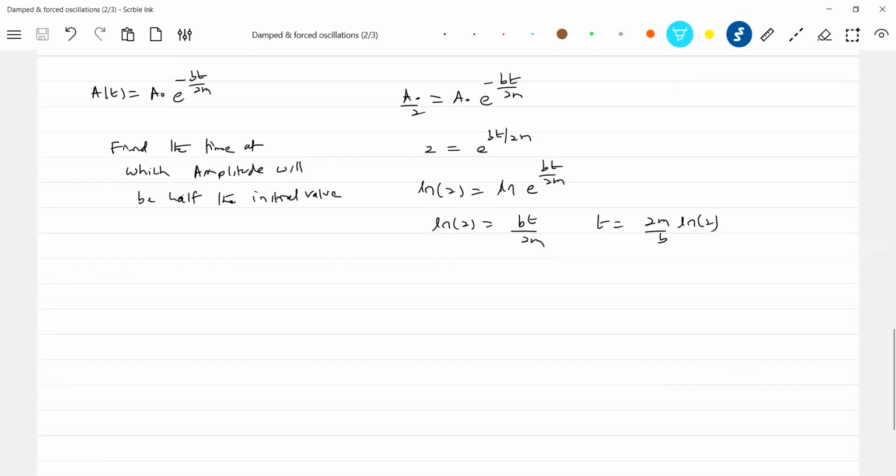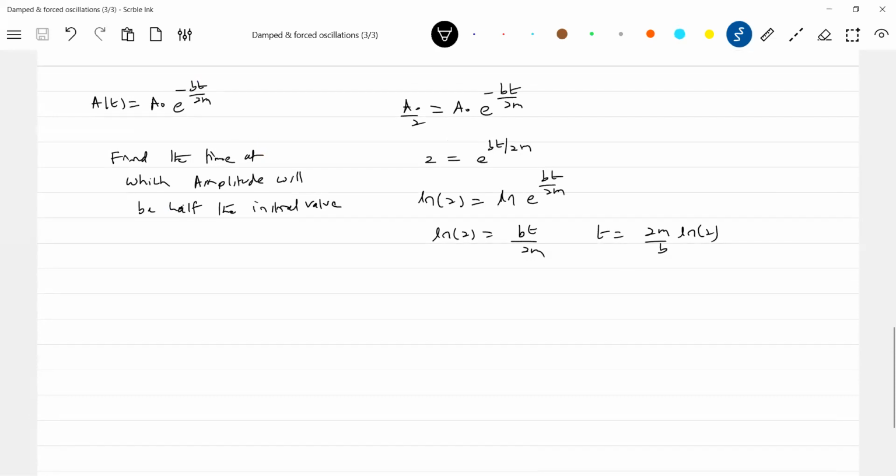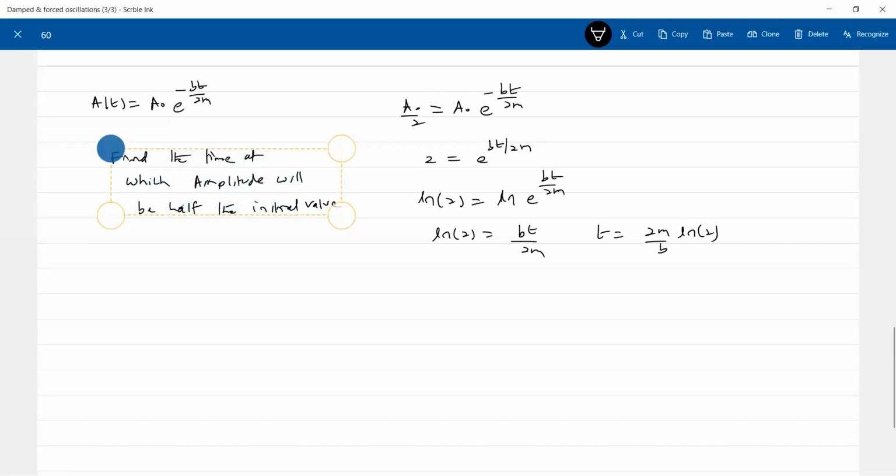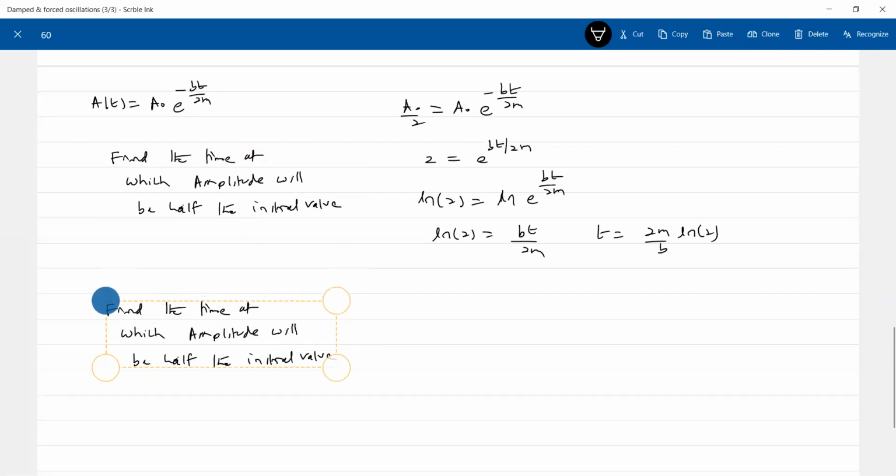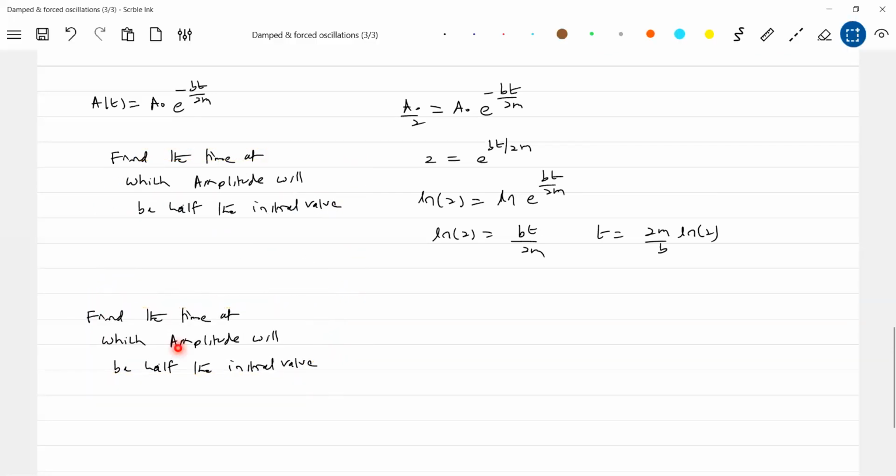You don't need to bother, and you have some equations. Based on the equations we will proceed. Now, find the time at which energy will become half of the initial value. If they ask the question, what to do now? Let me introduce the next one. Find the time at which energy will be half of the initial value. So what is the expression for energy?